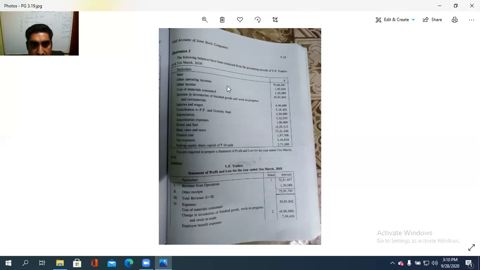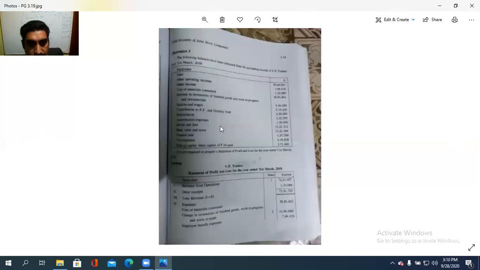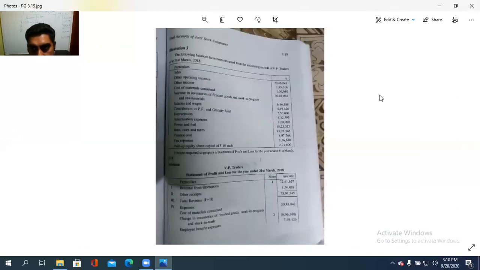Sales taken, other operating income taken, other income also taken, cost of materials consumed taken, increase in inventory taken, salaries and wages is the benefit that is to be given to the employees, employee benefit expenses, isn't it? Then contribution to the PF, isn't it? That is the item. So these salaries and wages and contribution to the PF and gratuity, that is the second item.